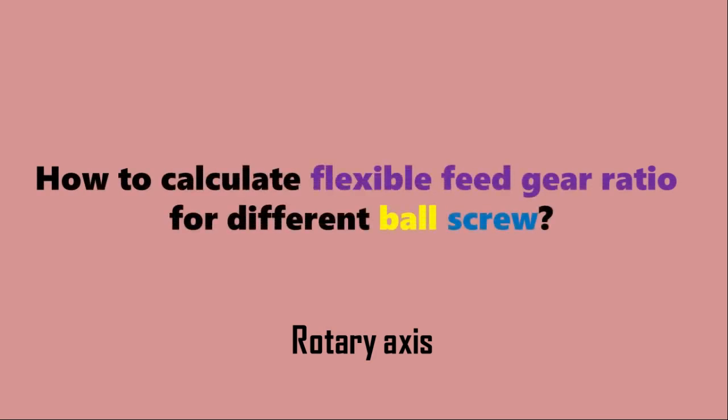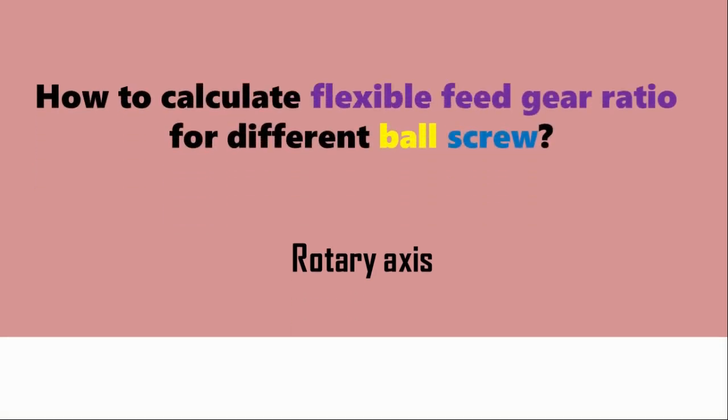When you are using a rotary table, then the servo motor is used as a rotary axis. In that case, I will show you how we calculate the flexible feed gear ratio for the rotary axis. When you are using a rotary table and rotary axis servo motor, I will show you now how to calculate it. See, data available.